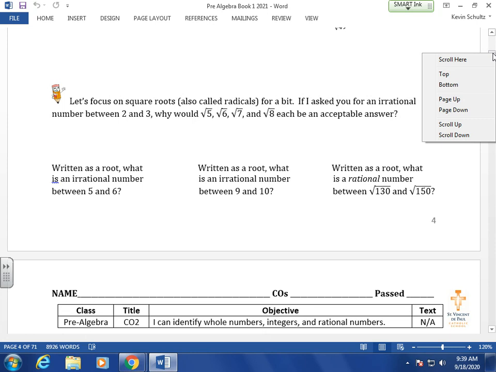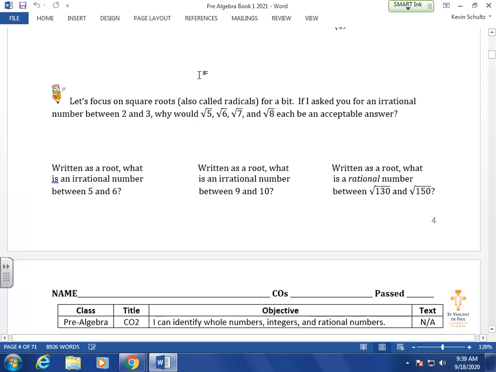Okay. So, written as a root, what is an irrational number between 5 and 6? Just like I did up there, I'm going to make a little number line here. Here's 5. Here's 6. I'm looking for an irrational number, so the root of a non-perfect square, that's going to have a value between 5 and 6.